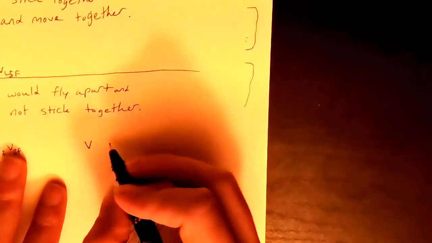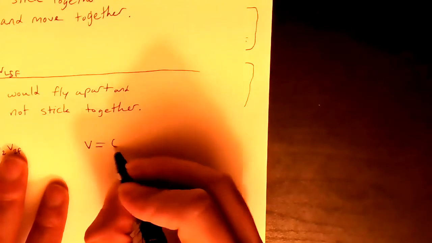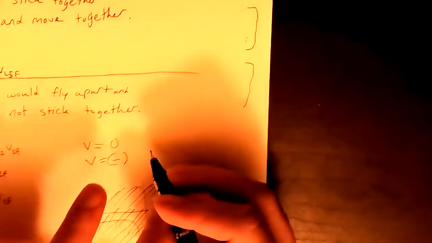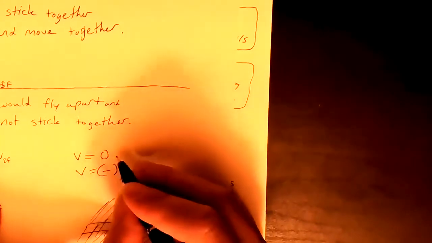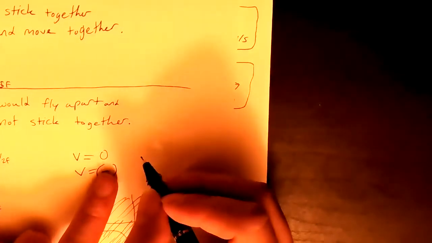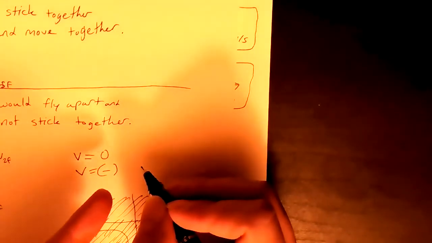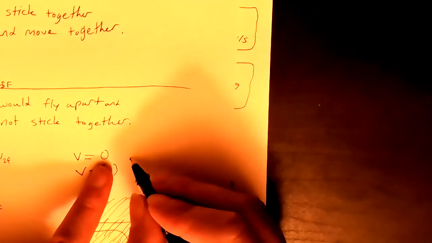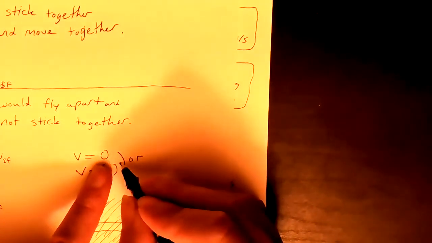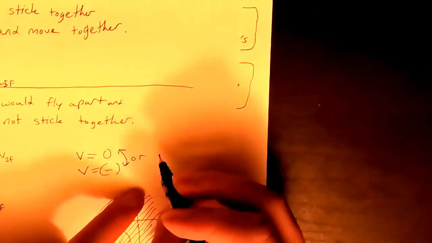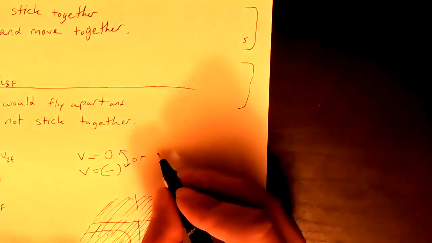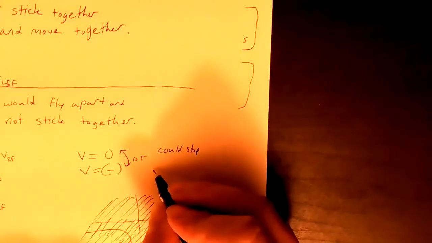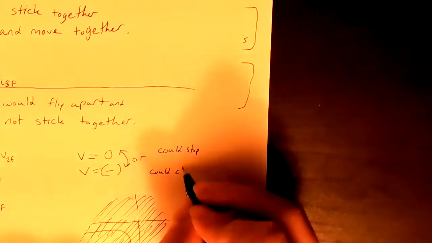So V could be 0 or V could be negative. So if something's really massive and something else hits it, the other object would stop, or it could reverse direction. So it could stop, or it could change direction.